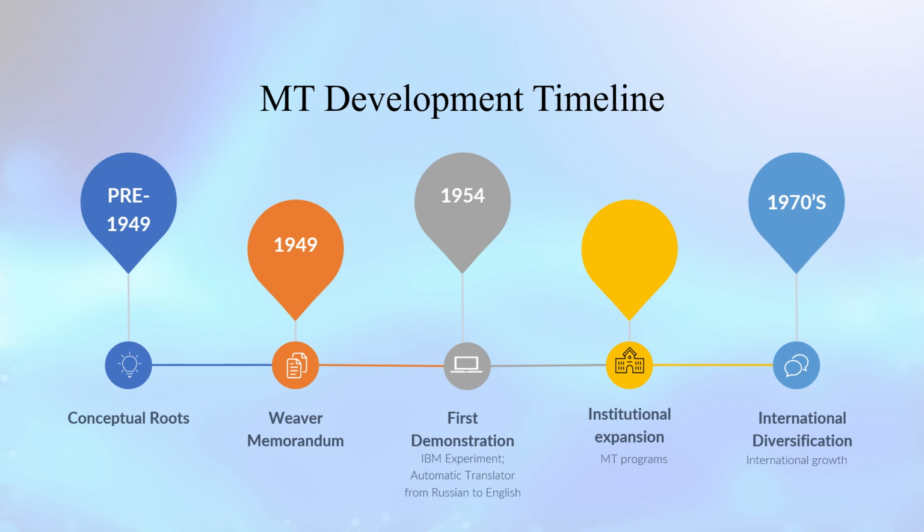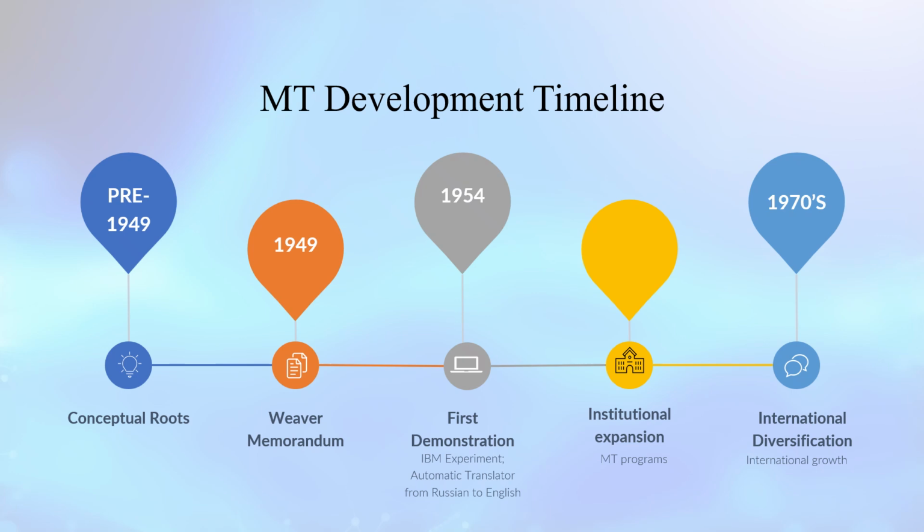Now, if we want to summarize the development of machine translation from its early days to the 1970s, we can say that before 1949, machine translation existed mainly as a theoretical idea shaped by developments in logic, cryptography, and early computing.